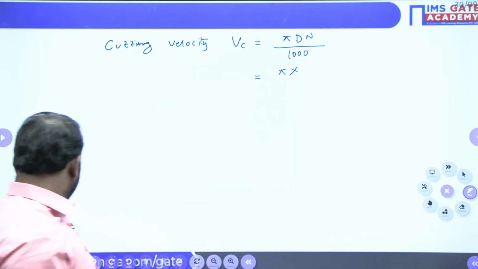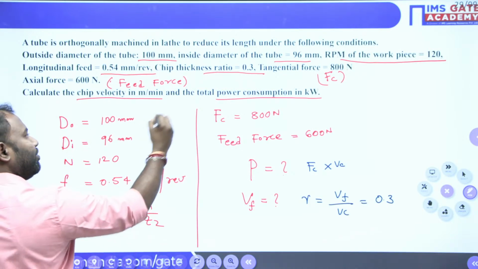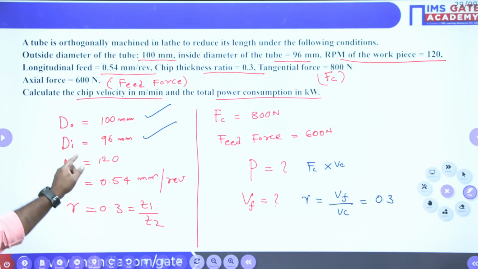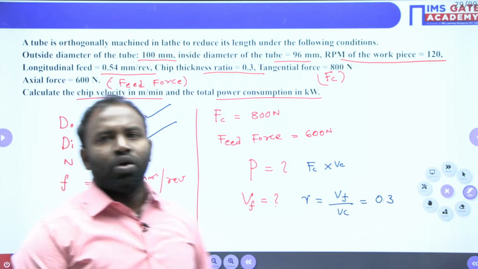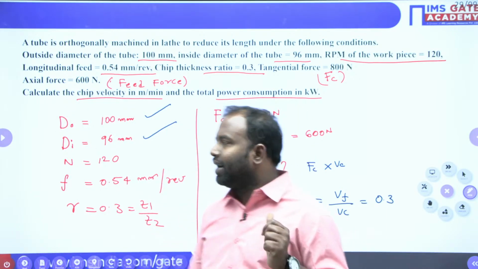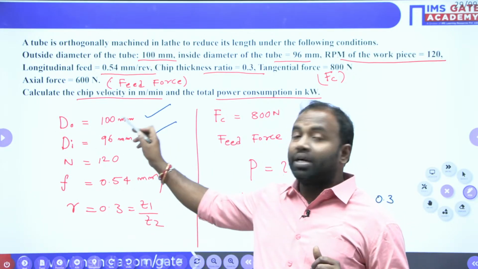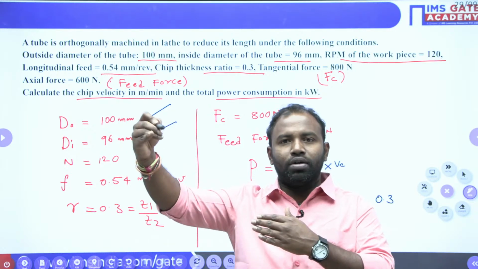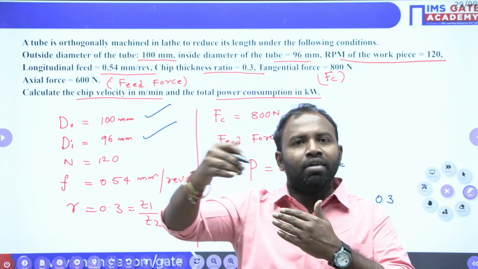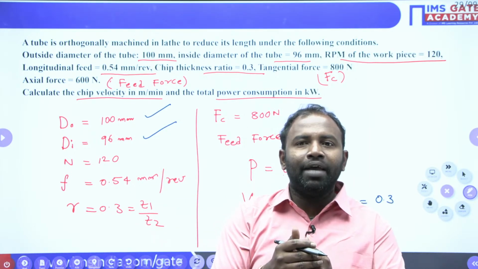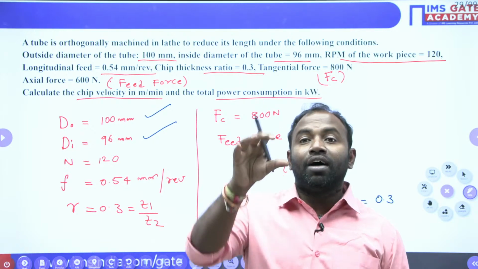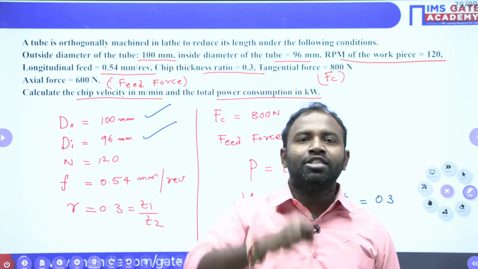What d are you supposed to consider here? Here we have two d's, d initial and d final. But always keep in mind that whichever is the maximum diameter exposed for the tool for machining, that you have to consider as the diameter while calculating the cutting speed.